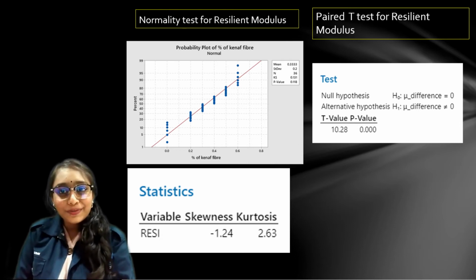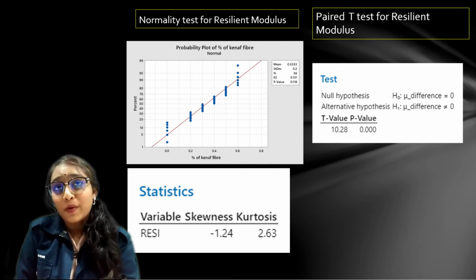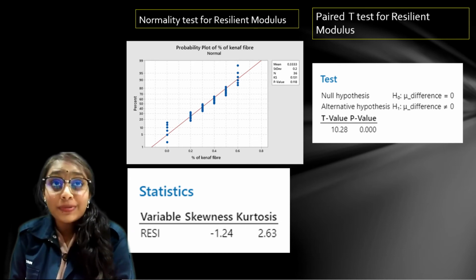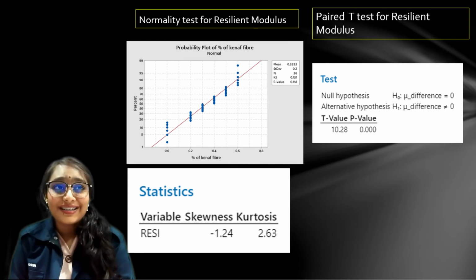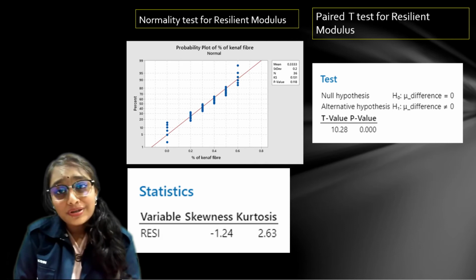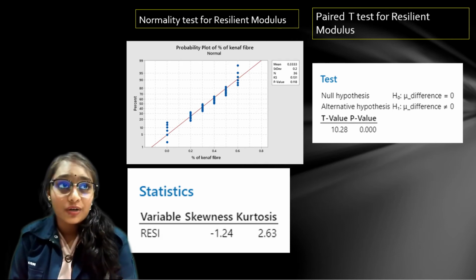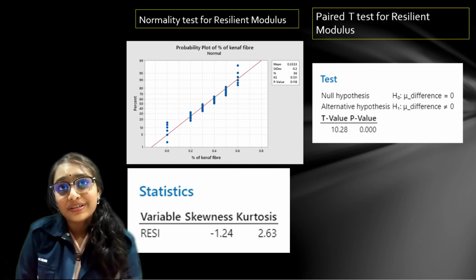The probability plot showed that the p-value was more than 0.05, as it was 0.118, and eventually passed the requirement. The skewness for a normal distribution is 0 or should be near 0. The figure containing the statistics on the slide represents the skewness value for resilient modulus, which is negative 1.24, while the kurtosis value is 2.63, which is close to 0, which means the data can be accepted for the model development.